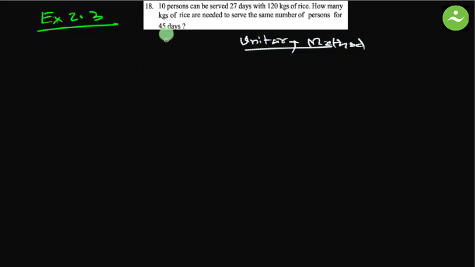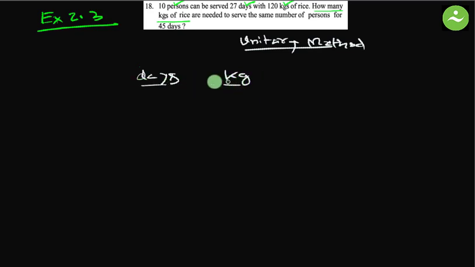If we look at the question, we can see there are three things. One is person, the other one is days, and the other one is kgs of rice. We have to find out how many kgs of rice. So there are two things: days and kgs, the number of days and kgs of rice.